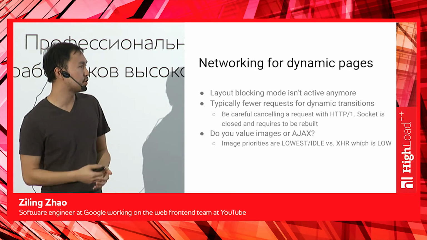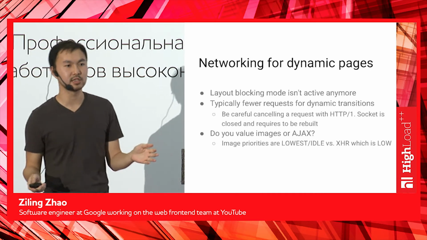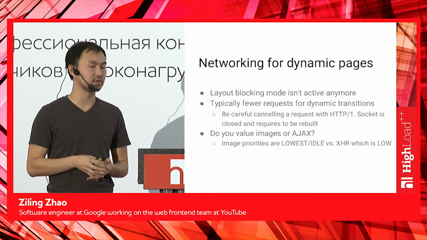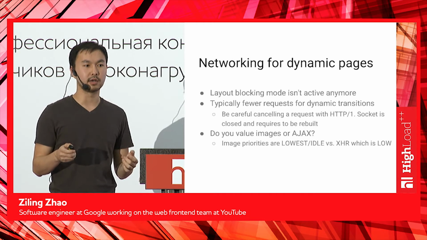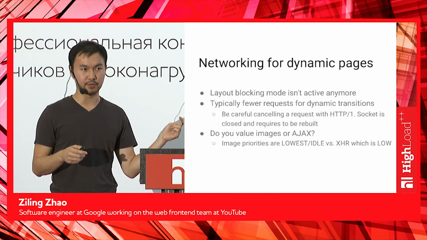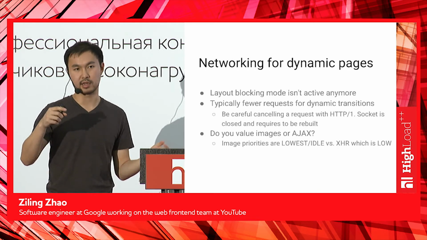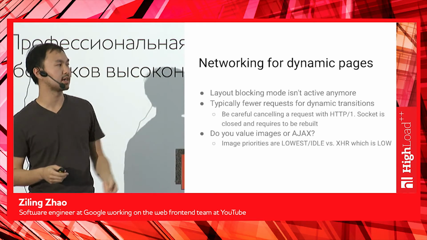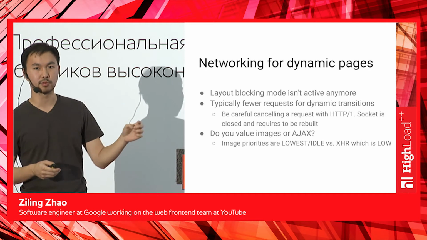So, networking for dynamic pages. This is a lot simpler in many ways because you have less stuff to do. But because you're not in a cold load situation anymore, you don't have layout blocking mode, which means if you fetch your images over Ajax or JavaScript downloads, you should be careful, because images are lower priority than your JavaScript.